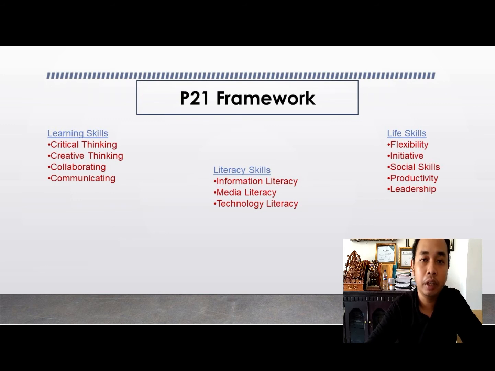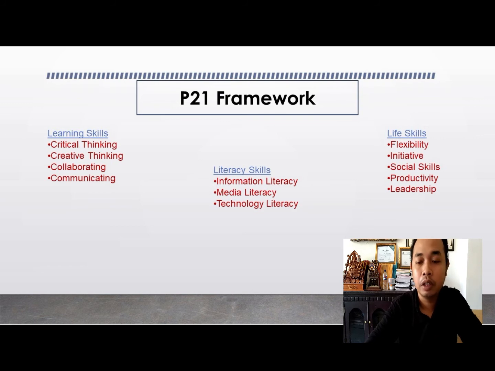The productivity, how they provide new information to help their groups solve the hypothesis.